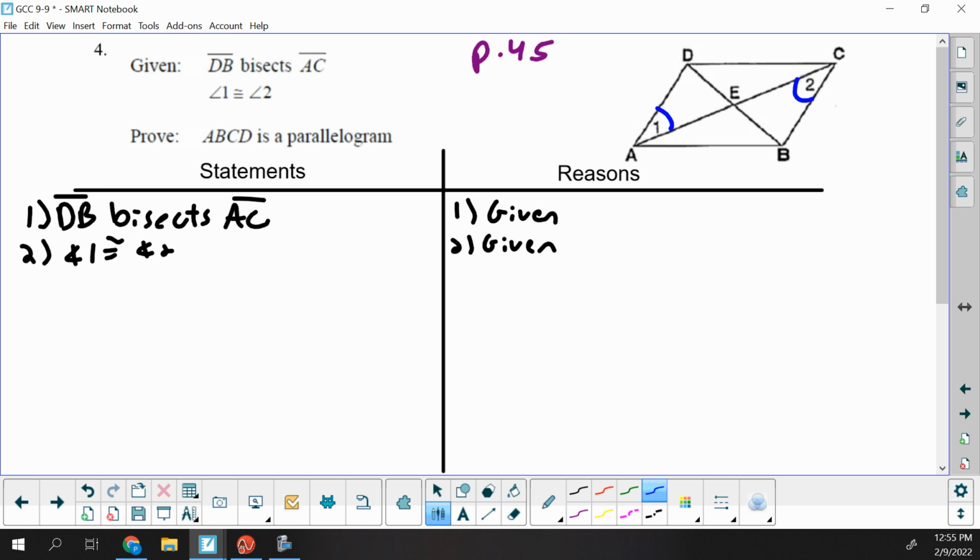Well, notice angle 1 and angle 2, if we did a zigzag this way, those are already congruent alternate interior angles. So let's do congruent alternate interior angles implies parallel lines. And the ones we get parallel are AD and CB.